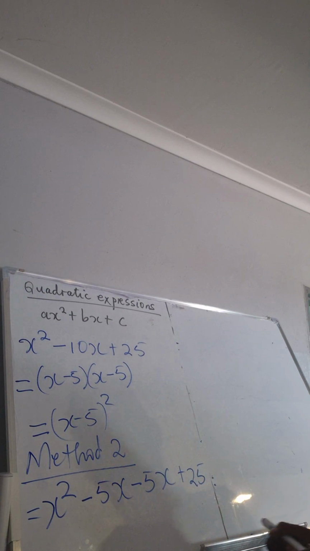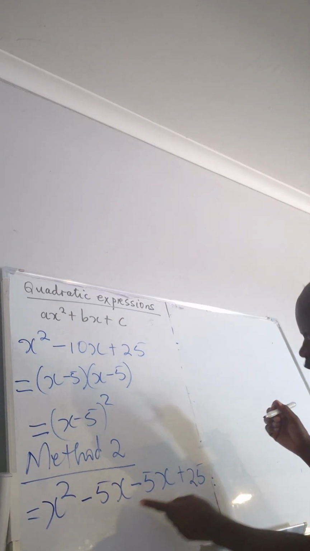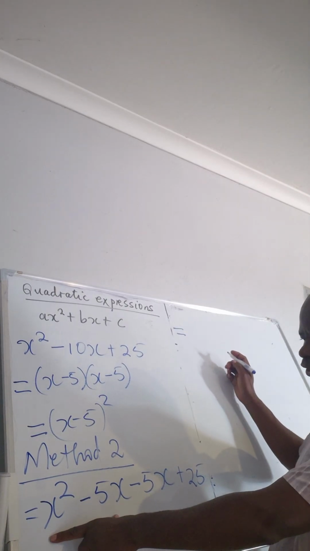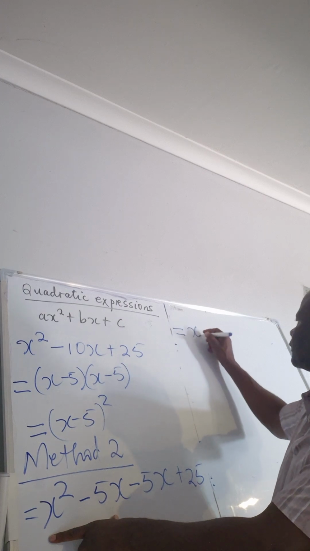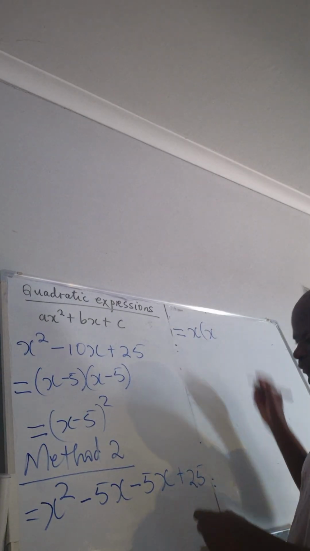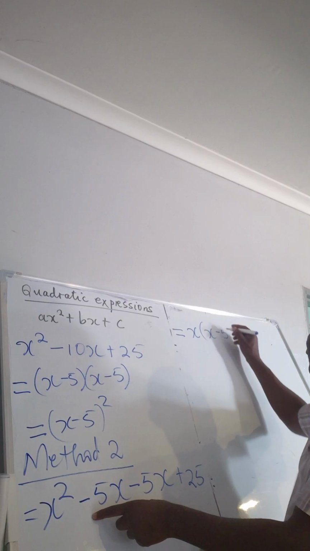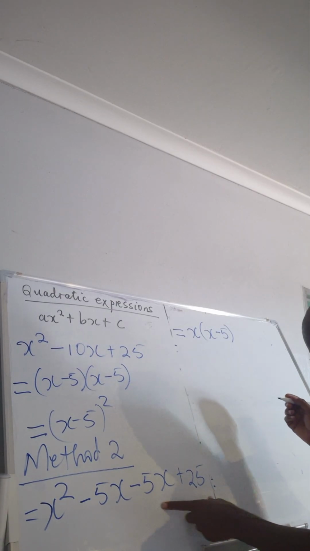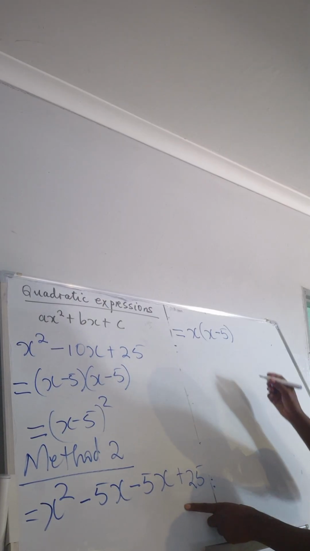Right, you group like what we've done before. Group the two. So this is equal to, when you group these two, there's a common factor here, which is x. Bracket x squared divided by x, you get x. Then minus 5x divided by x, you get minus 5. Then this one also, there's a common factor.